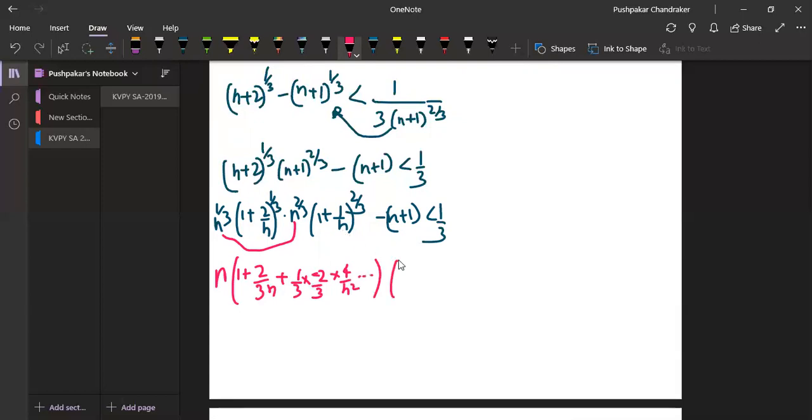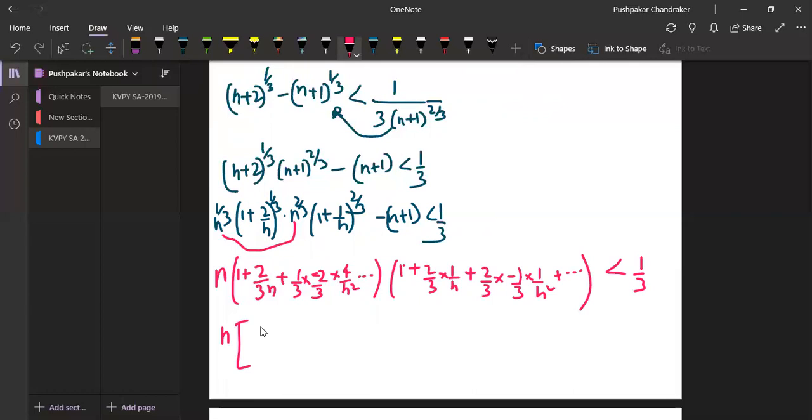And the second term will come something like this: 1 plus 2 by 3 into 1 by n plus 2 by 3 into minus 1 by 3 into 1 by n square, and many more terms will come. Actually here alternately positive and negative will come. You can check that by yourselves, or you should know the expression for the binomial theorem for fractional power. Anyway, when you multiply, you'll get something like this, less than 1 by 3.